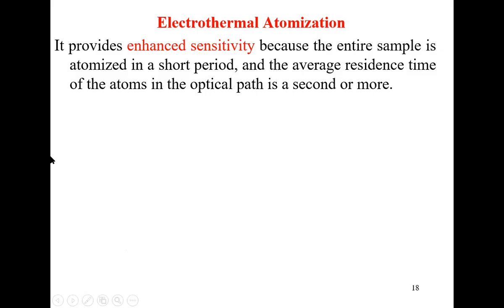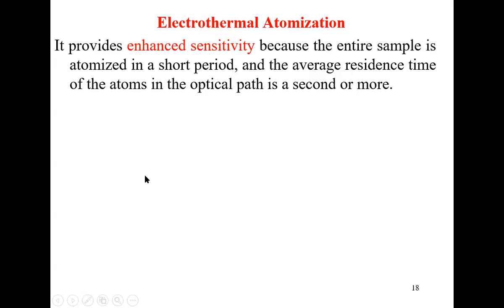Sometimes it can beat some of these methods in terms of the LOD, the limit of detection, to which we can go. Electrothermal atomization provides enhanced sensitivity because the entire sample is atomized in a short period of time, and the average residence time of the atoms in the optical path is a second or more.